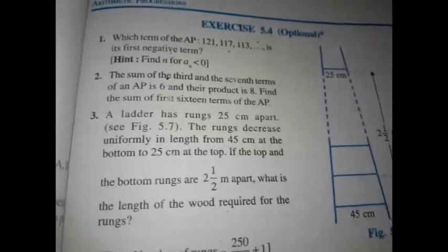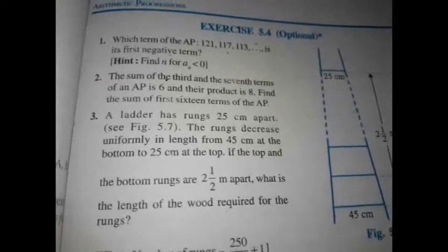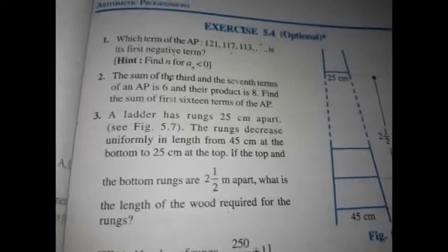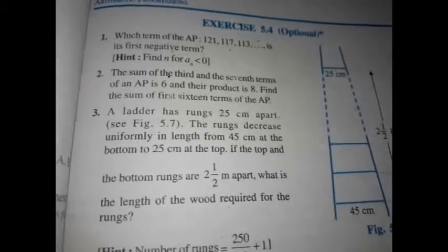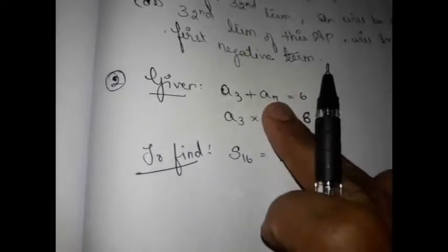Here they asked you to find S16. So this is mere equation framing, solving and substituting, right? So I am leaving this problem to you. Hope you can do this. So what is given in the question? A3 plus A7 is 6. So you know what your an formula is. In that you can put n equal to 3 and n equal to 7.